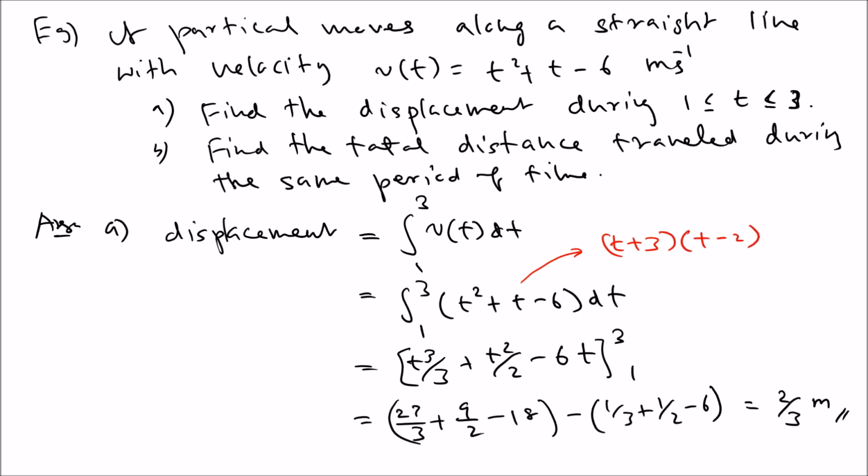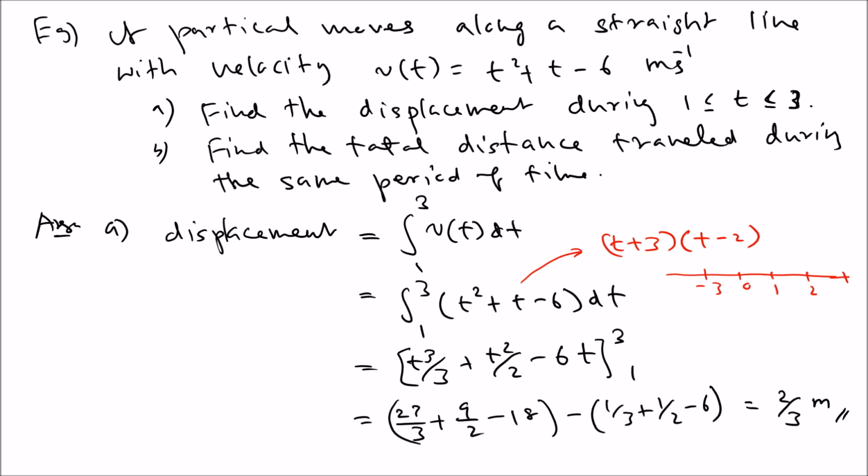So the zeros are negative 3 and 2, but you're going to start at 1. So we're looking at 1 to 3. That means this function is negative between -3 and 2.